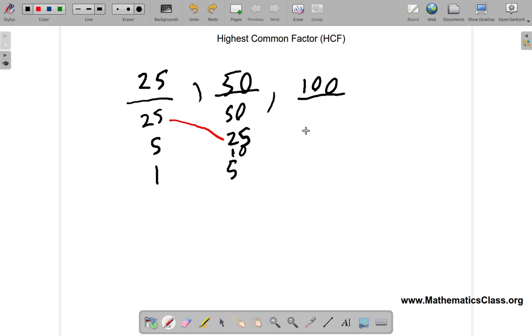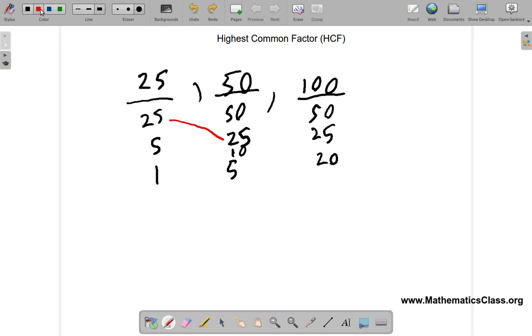Now, half of 100 is 50, so it's the next biggest factor. What is the next number lower than 50 that can go directly into 100? We have 25, of course. We have 20 and so on. But guess what?